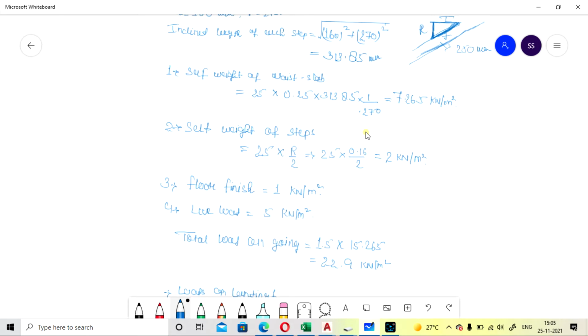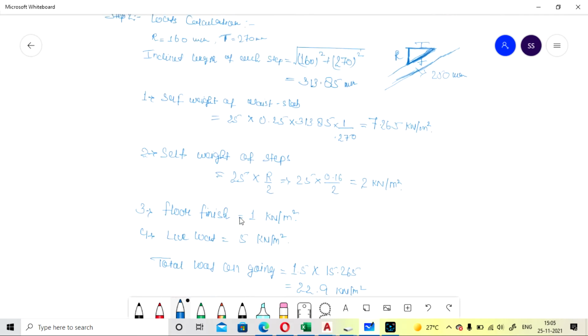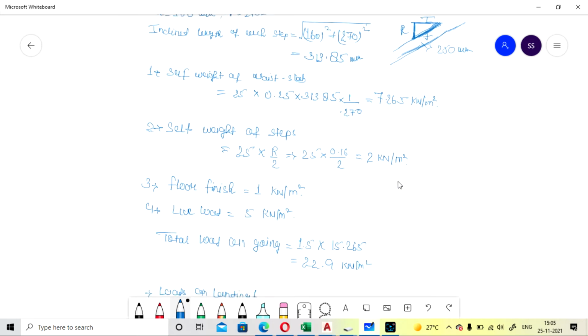Now we are going to calculate the self weight of steps. So it is the average of the riser value. This is density of concrete 25 into r by 2. So it will come as 25 into 0.16, that is the 160 mm riser, by 2. So it will come as 2 kilonewton per meter square.